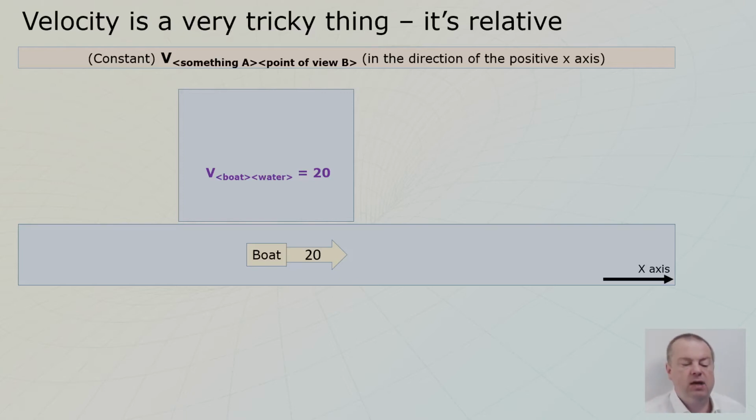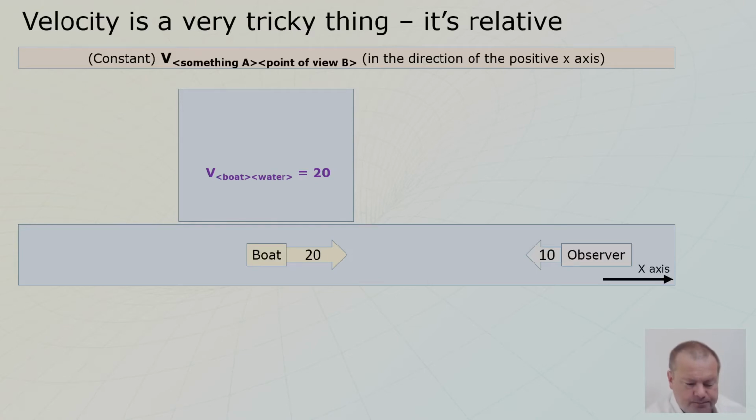So in this case, the boat travels 20 meters per second relative to the water. And if the water is moving, the boat does not move at 20 meters per second relative to the shore, for instance, because the water is moving and then the boat is moving relative to the water. So you have to add those velocities. That's the whole thing.